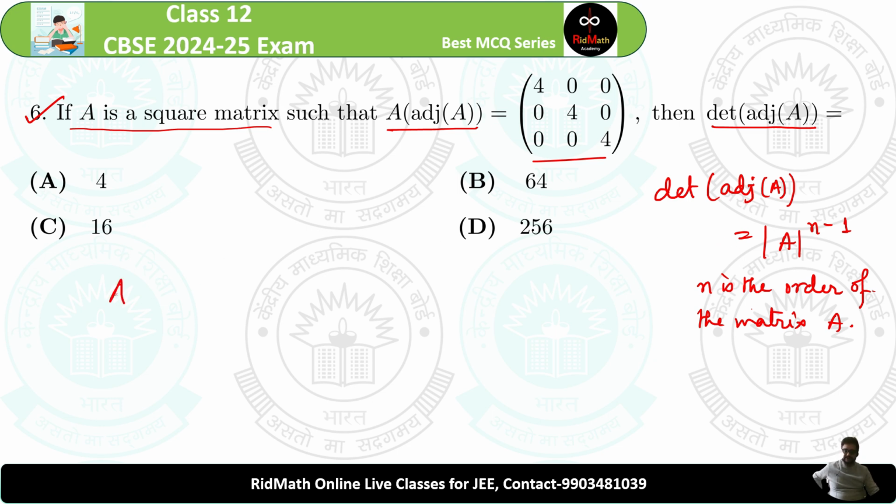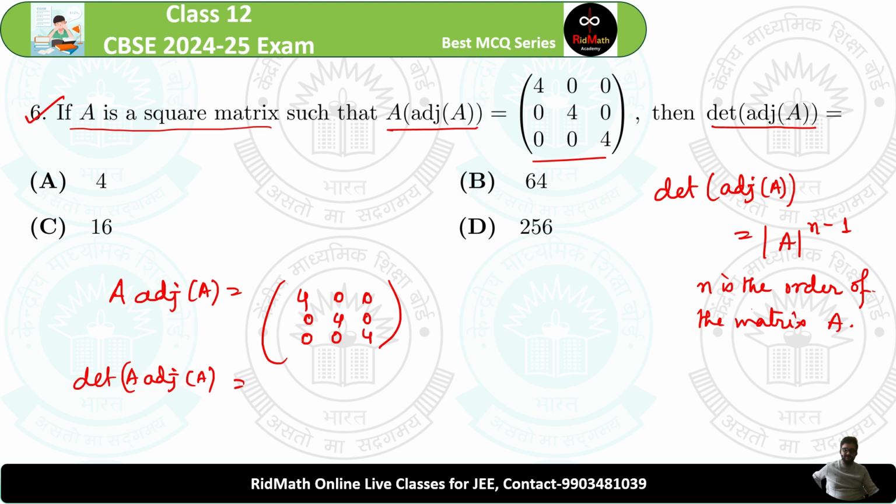So this is A into adjoint of A. This is equal to this scalar matrix, 4 0 0, 0 4 0, 0 0 4. So taking determinant on both sides, the determinant of A into adjoint of A is equal to the determinant of this. The determinant of this is 4 cube, that means 64.